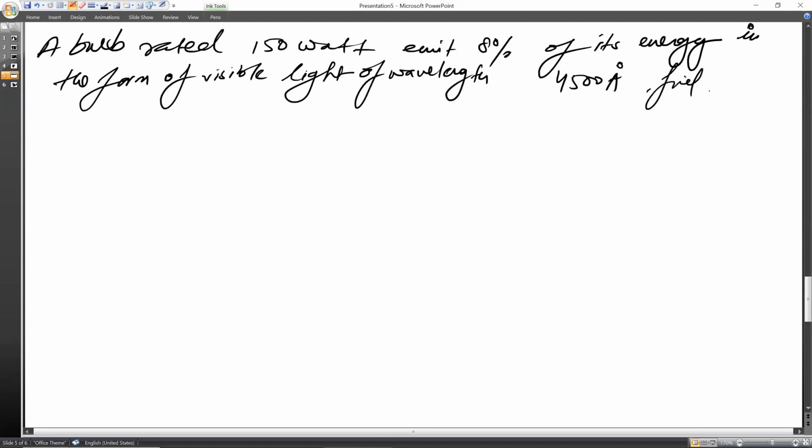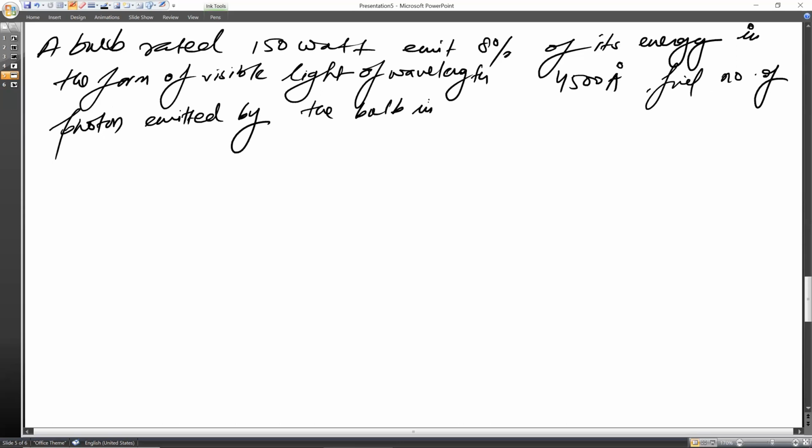Find the number of photons emitted by the bulb in 1 second. Do it by yourself.